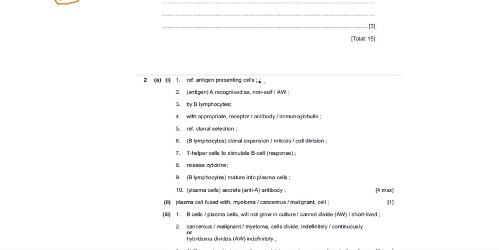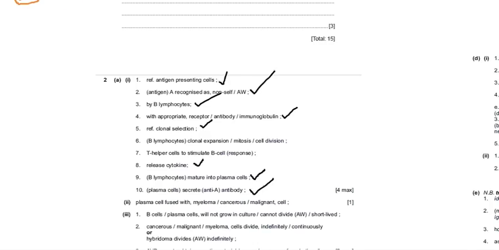Antigen presenting cells; antigen recognized as non-self by B lymphocytes with appropriate receptor; clonal selection; B lymphocyte clonal expansion; mitosis, cell division; T helper cells stimulate B cells to release cytokines; B lymphocytes mature into plasma cells, which secrete antibody. So you have to go with this sequence.